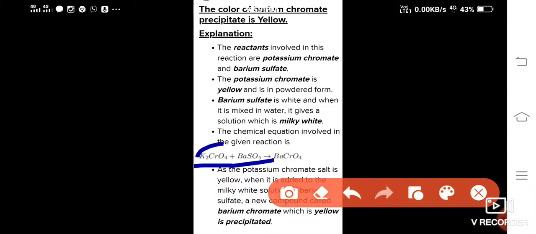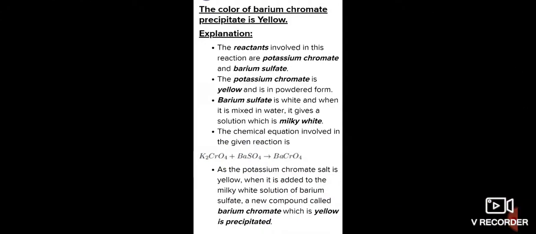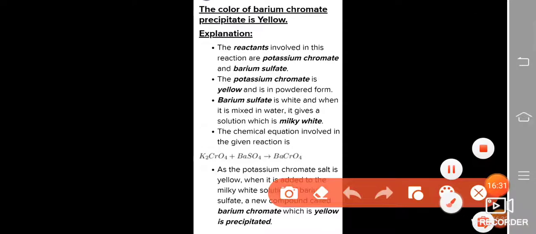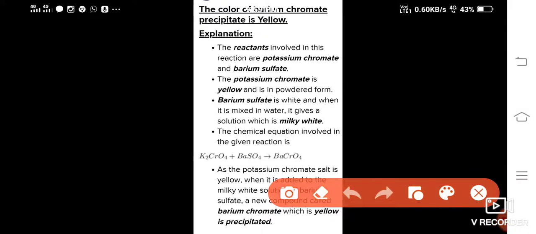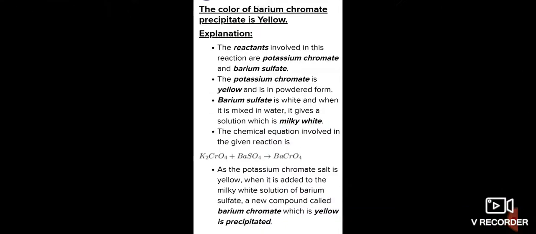Now when you add this potassium chromate to barium sulfate, you are going to get a milky white solution.